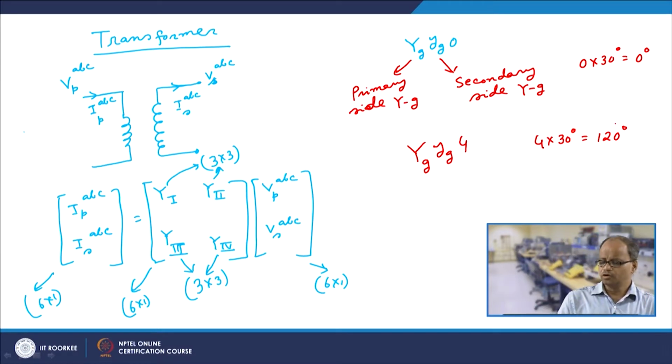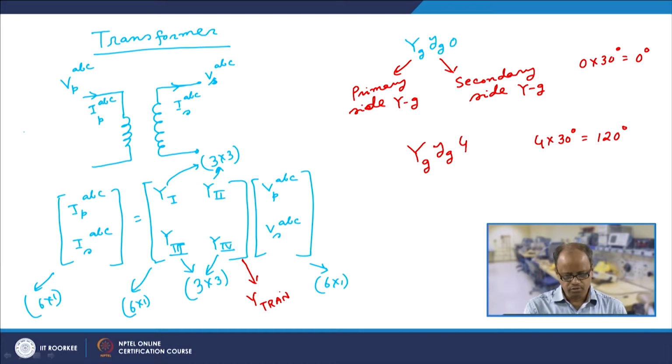So, we need to look at what would be the transformer admittance matrix, if we denote this as Y tran. We need to find out what this transformer admittance matrix, that is the Y tran matrix, would be for this connection, or for any other connection.